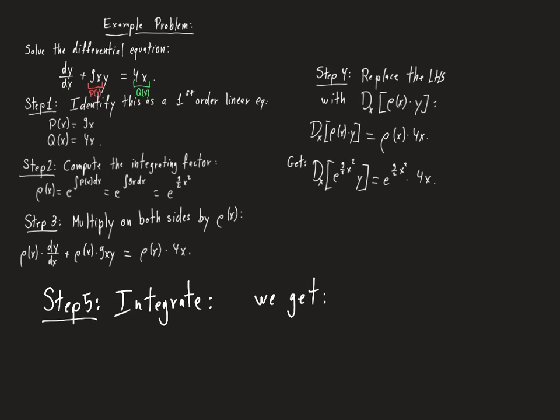On the left-hand side, you'll see that the integral and the derivative are going to clear each other, leaving us with e to the 9/2 x squared times y. I should point this out, that this is because the integral and the derivative canceled.